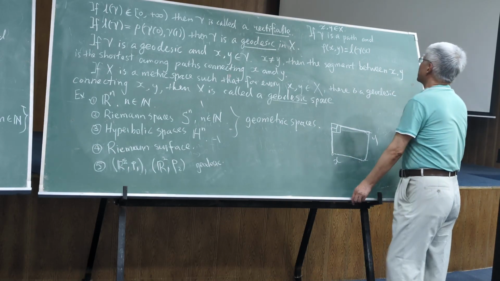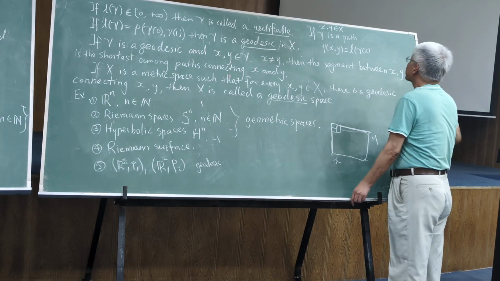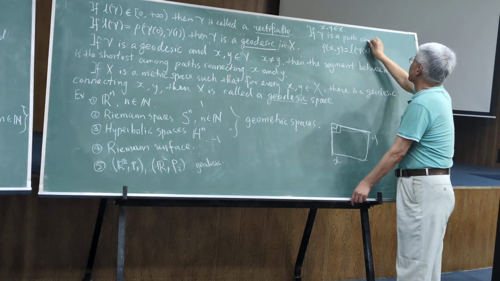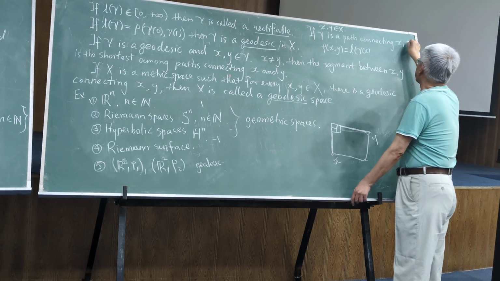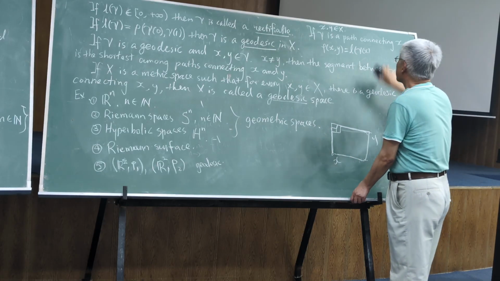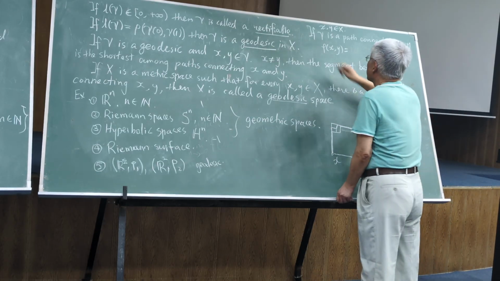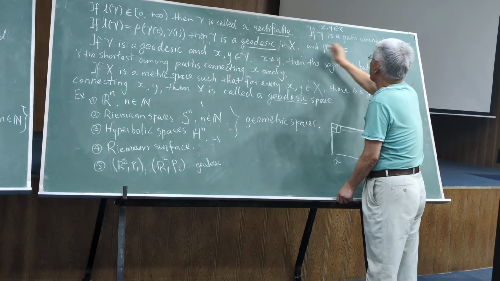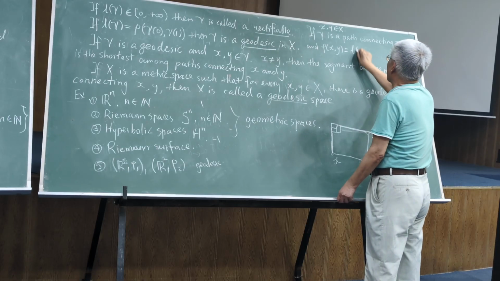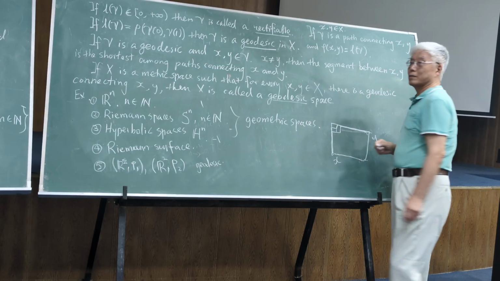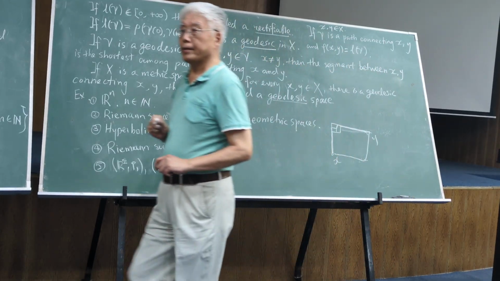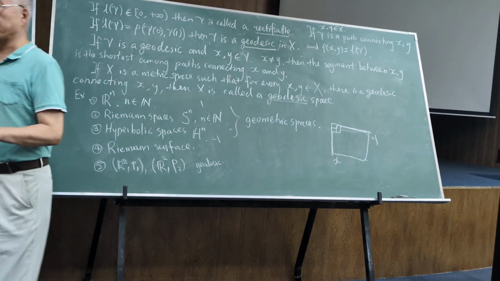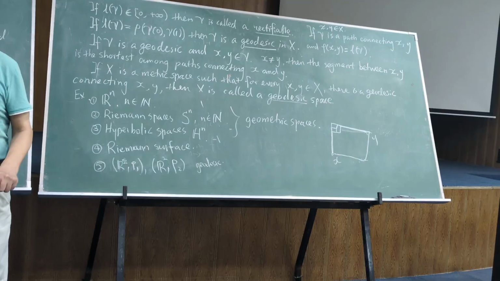Gamma is the path connecting x and y, and rho(x,y) is equal to the length of gamma. The length of a geodesic gives exactly the distance. Then we call this distance function intrinsic.